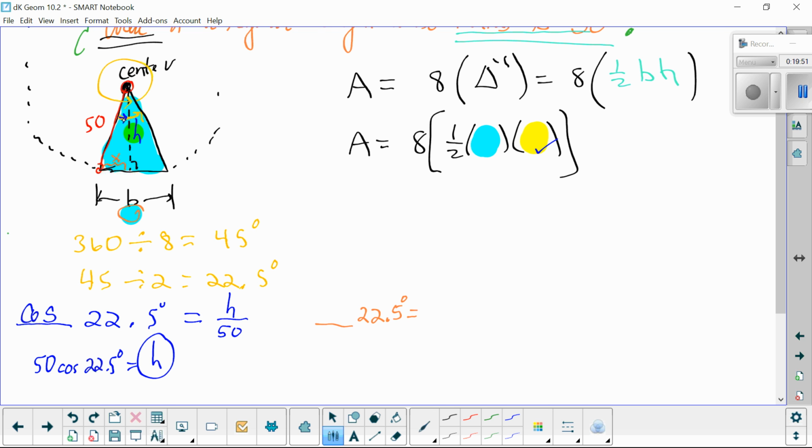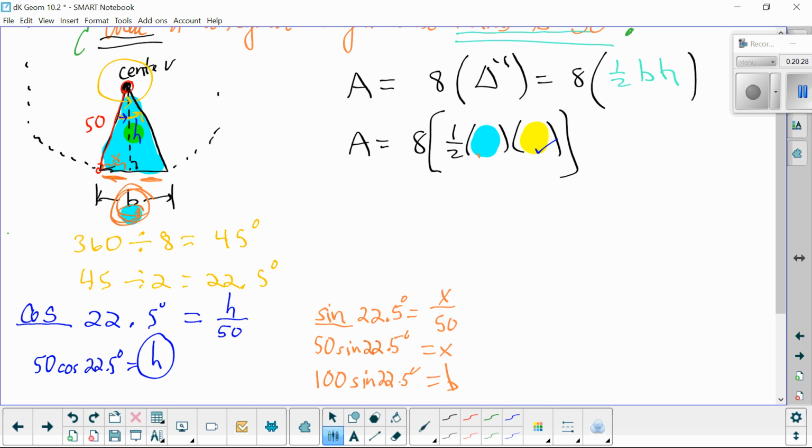Well, if we're parked by this blue angle here, that's going to be opposite and hypotenuse. That's the sine ratio. Sine of 22.5 degrees is equal to x over 50. So x is equal to 50 sine of 22.5 degrees. And therefore, this side length, which is b, we only found from here to here, so we have to double it to get b. So that would be 2 times that, which is 100 sine of 22.5 degrees.